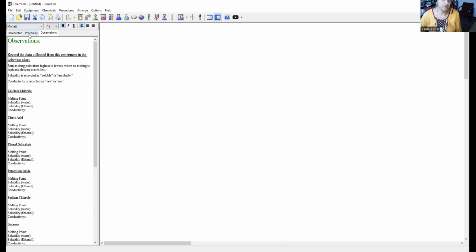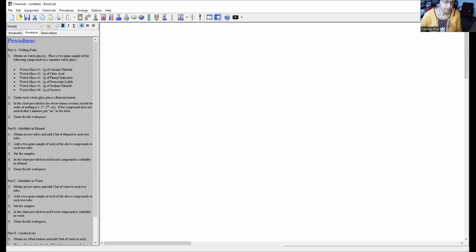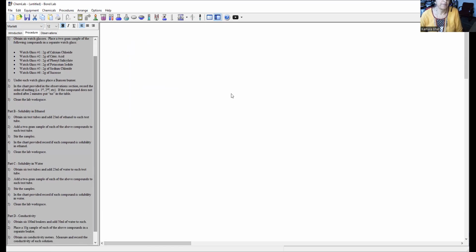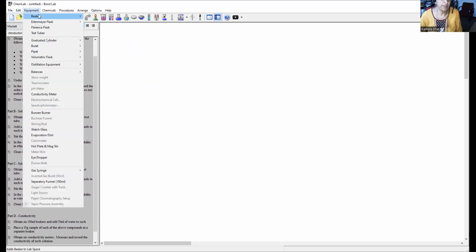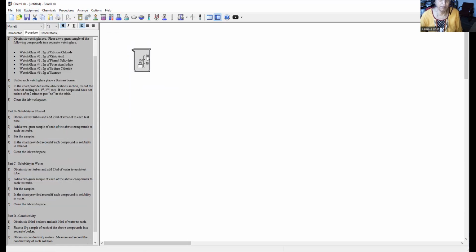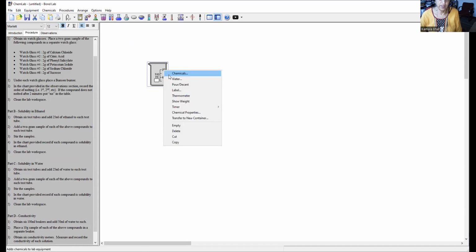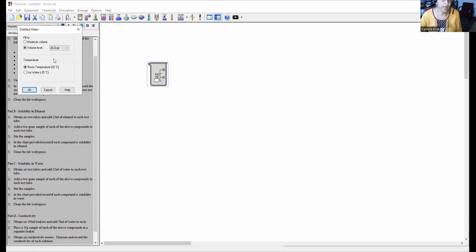Then you go to the procedure for the conductivity. Go to the equipment, get a 100 mL beaker. In this 100 mL beaker, you add 50 mLs.